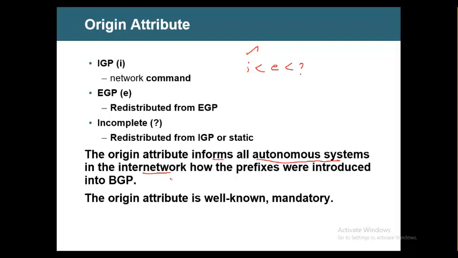In Sydney, in Chicago, you can see it very well. All the autonomous systems will be informed about how the prefix got introduced into BGP. So the origin attribute is also a well-known and mandatory attribute.